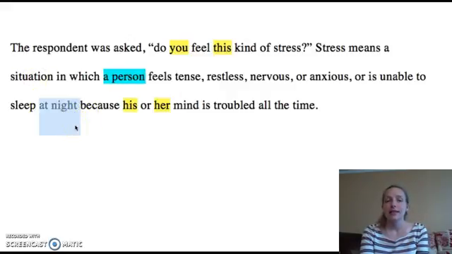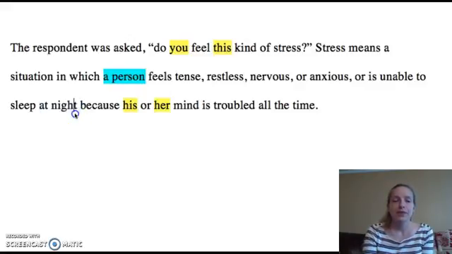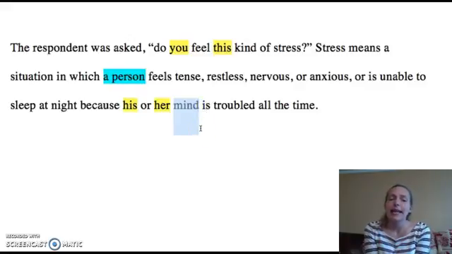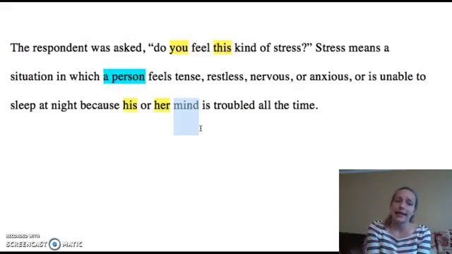Night is a time of day. It's definitely not alive. And mind again is a noun, and it's singular, but the mind can't live on its own. And we're trying to find out whose mind.